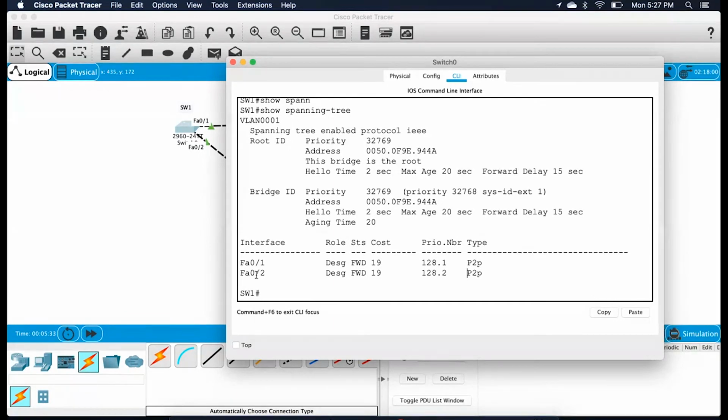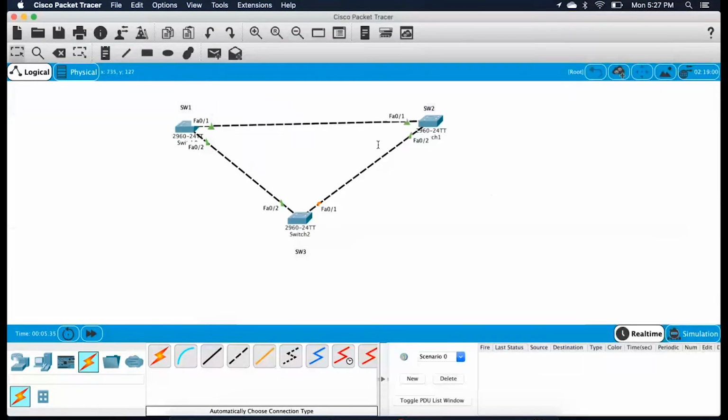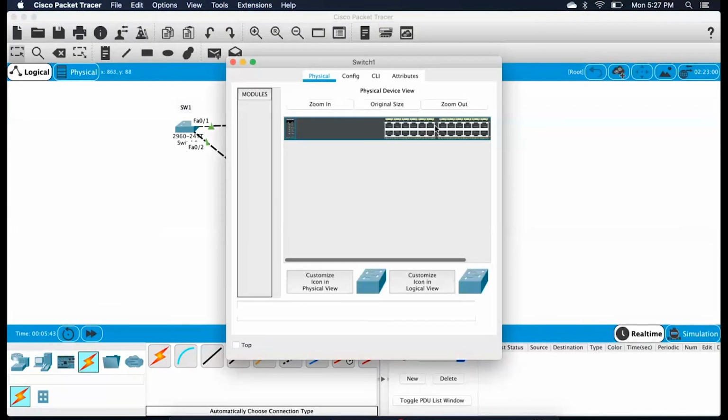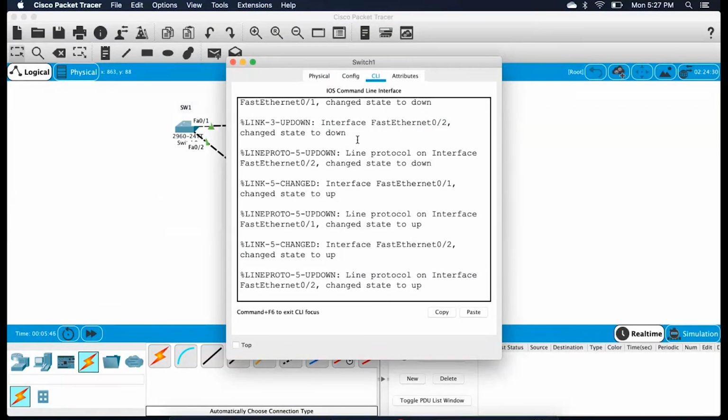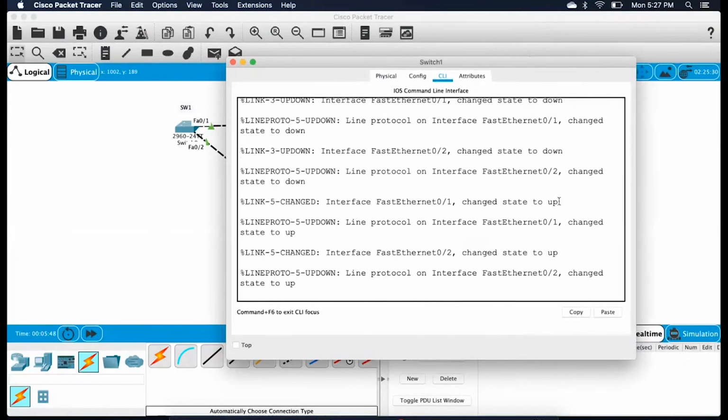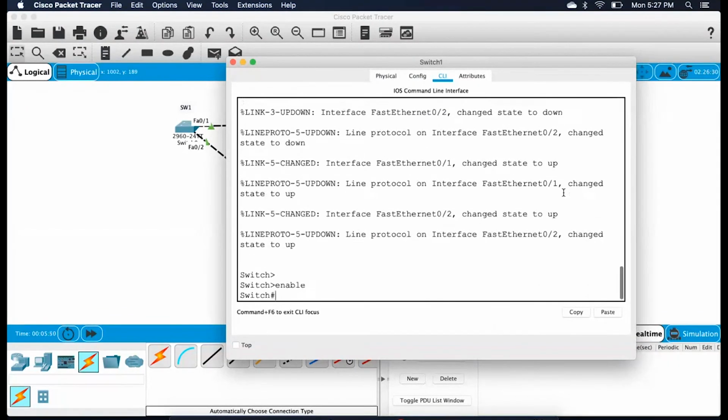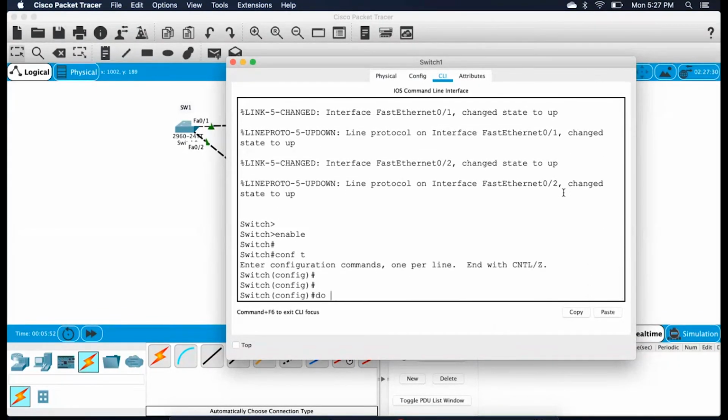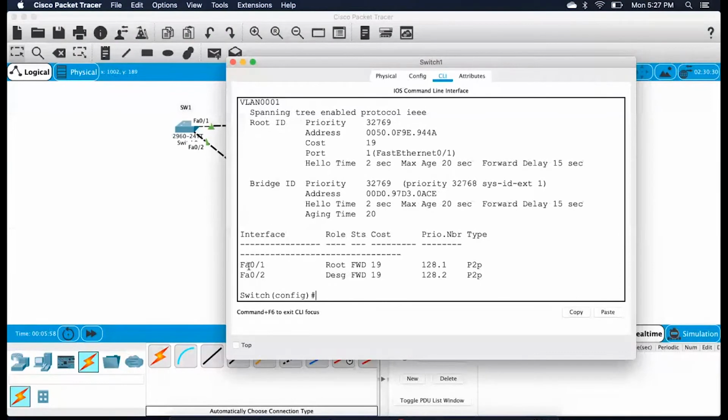Then if we go on switch 2, see, FA0/1 is the shortest way possible for switch 2 to reach out to the root bridge. So when we check the information on our switch 2, enable, conf t, do show spanning-tree. You can see that FA0/1 is the root port and the other one is the designated port.